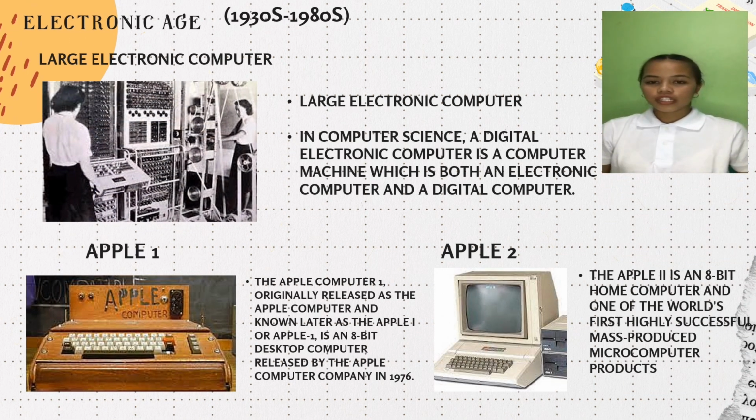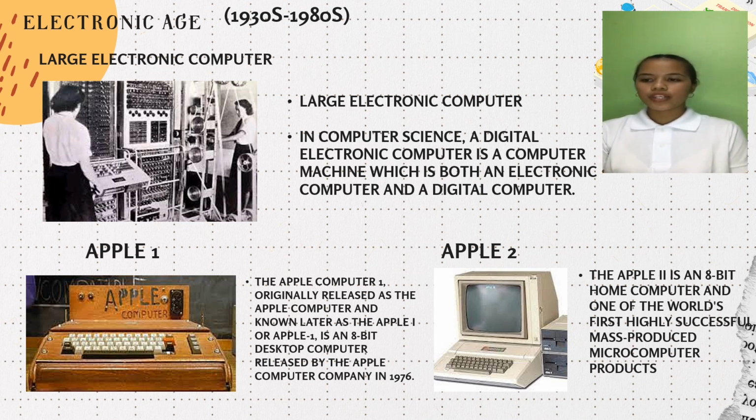Large electronic computer. In computer science, a digital electronic computer is a computer which is both an electronic computer and a digital computer. Examples of digital electronic computers include the IBM PC, the Apple Macintosh, as well as modern smartphones.